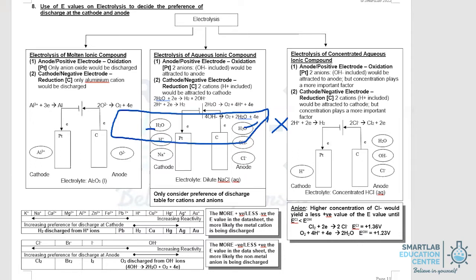So this value of 0 volt is not realistic, as if the concentration of H+ is extremely low, the position of equilibrium will shift backward. The value will be way more negative than the 0 volt that's displayed. Hence, because of this, the half equation that takes place is the one that is negative 0.83 volt. That's the half equation taking place at the cathode.